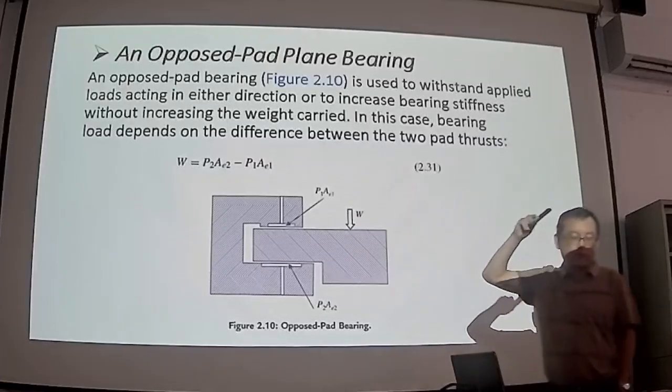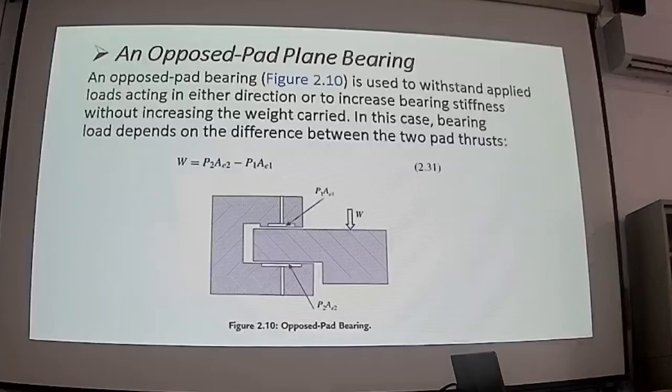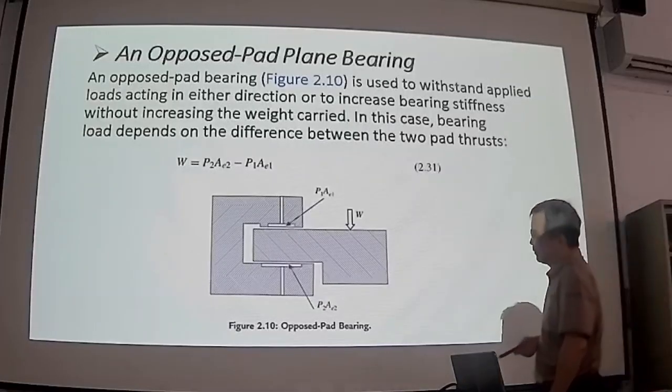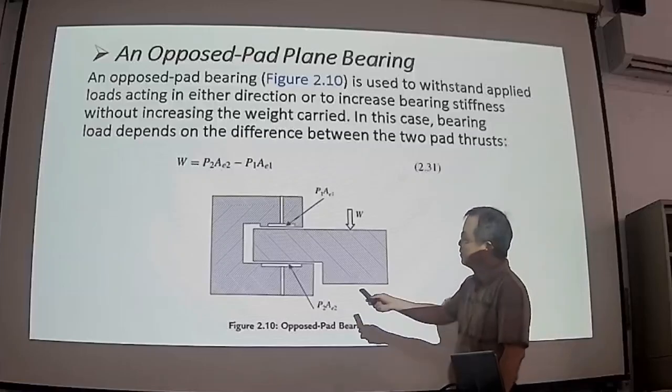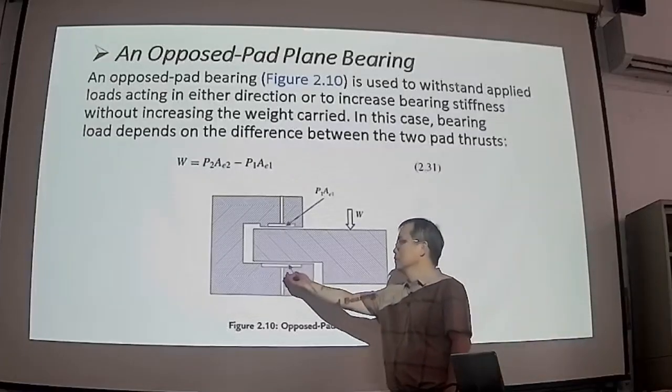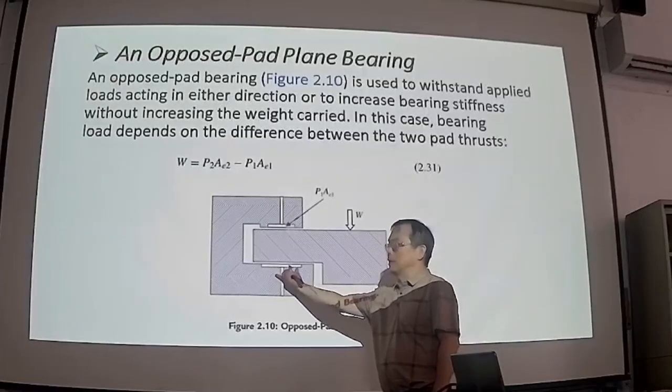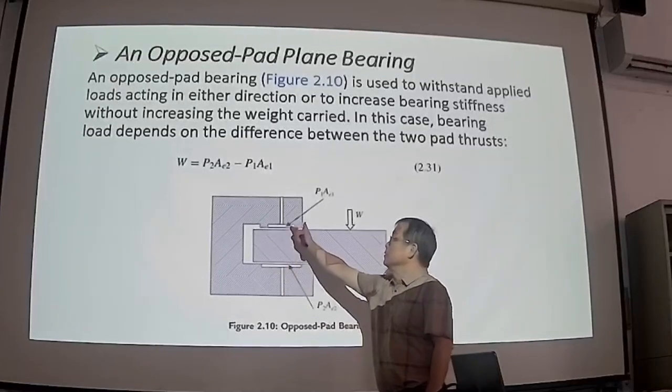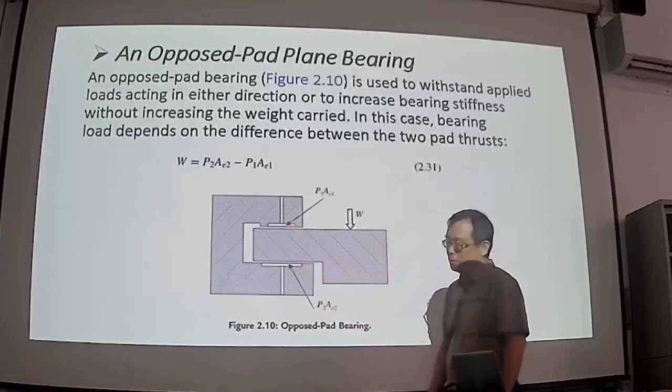The loading may include the weight of the workpiece and also the cutting force in the vertical direction. In that case, we need to design the bottom side bearing bigger than the top one.